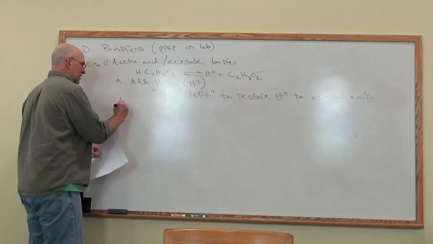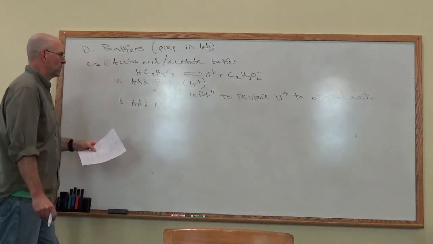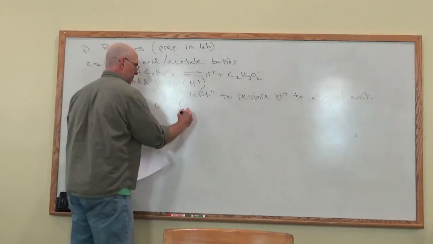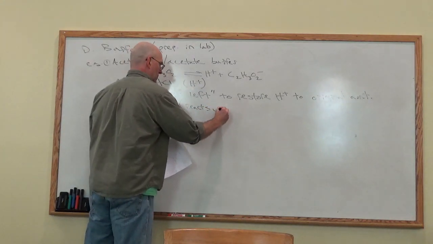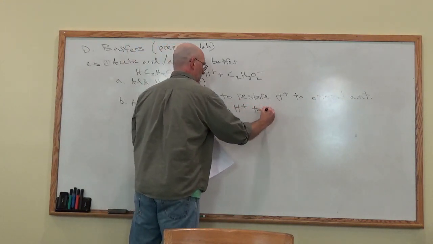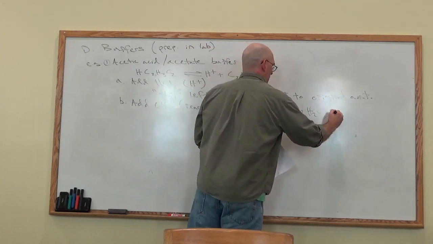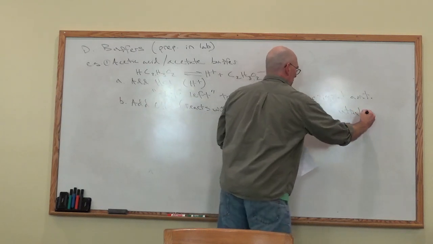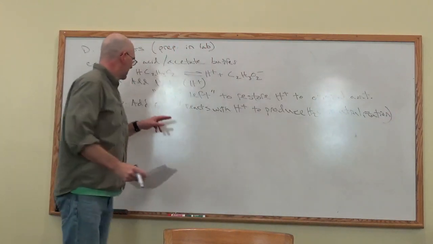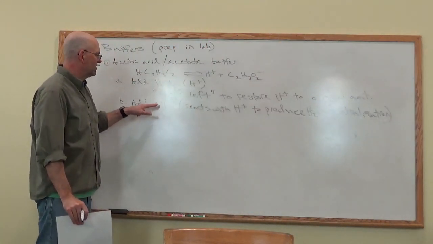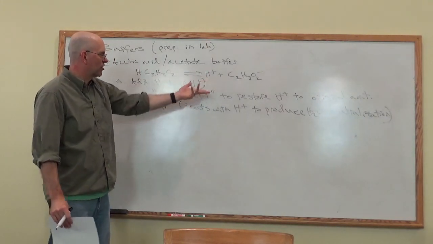Well, what if I add something like a strong base, like OH minus? This is maybe going back a little ways, but if you dump a bunch of OH minus in there, what's it going to do? Well, that's base. It's going to react with the acid, and that's called a neutralization reaction.